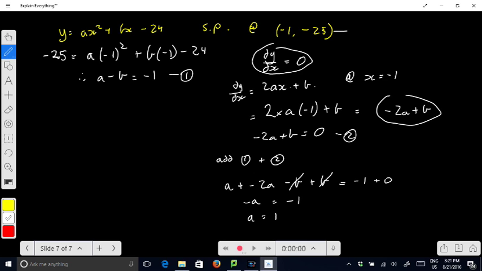And then put that back into, well, probably equation 1's easier. So if I do that, I get 1 - b equals -1. So if I solve that, b is going to be equal to 2. So there's my two solutions. b equals 2, a equals 1.